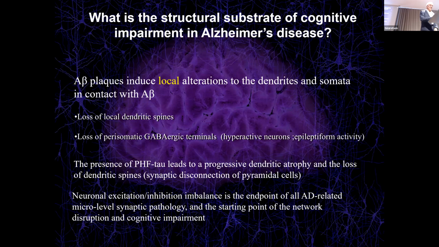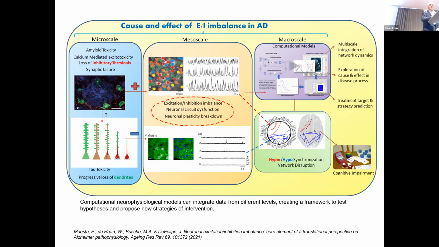So it's something that we should include. This is from a paper that we have recently published. Now we can integrate the microscale, mesoscale, and macroscale from different levels, creating a framework to test hypotheses and propose new strategies and interventions.